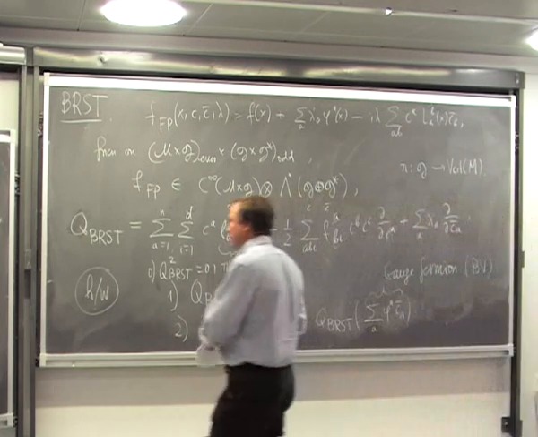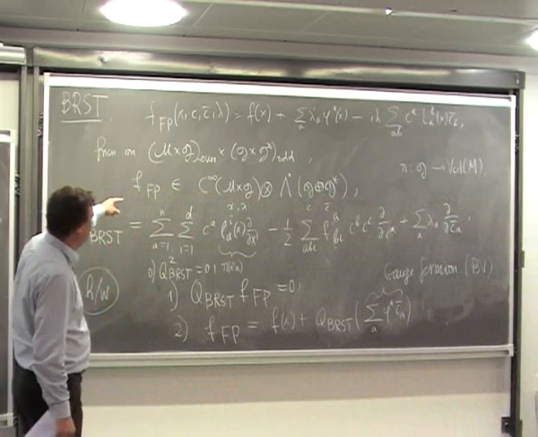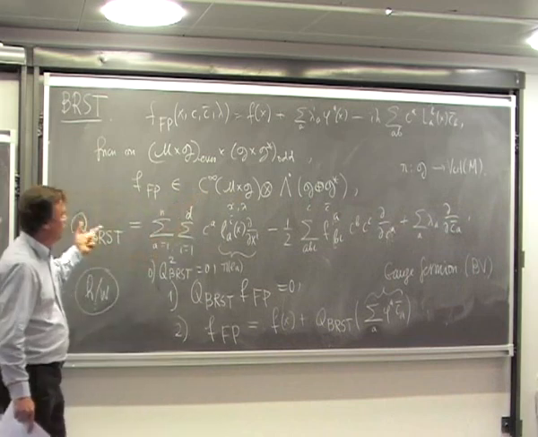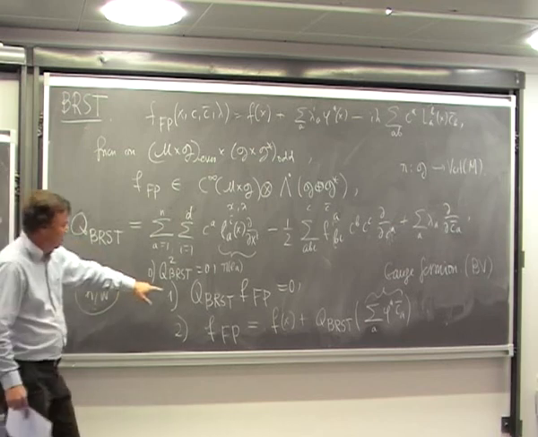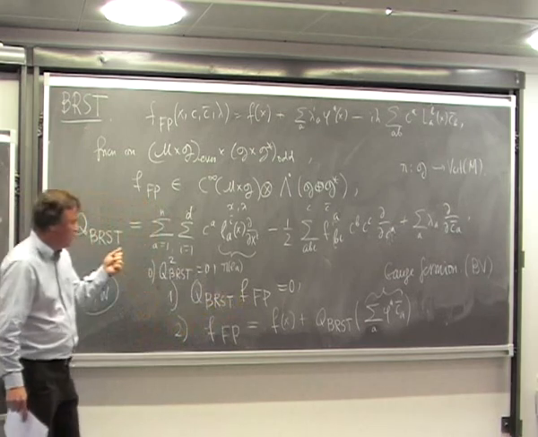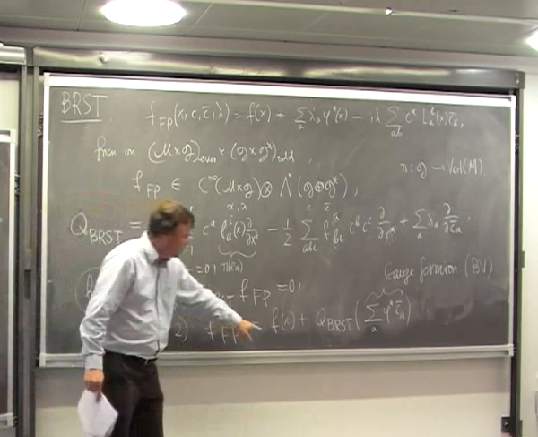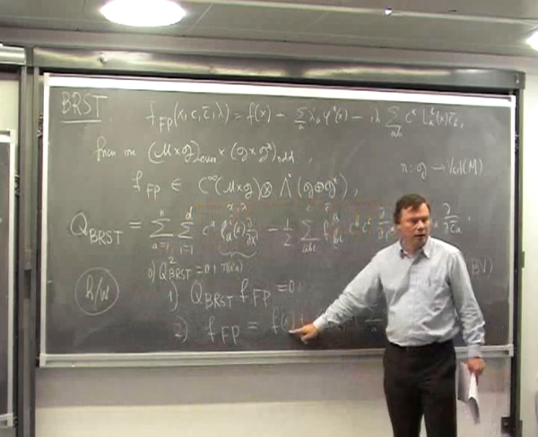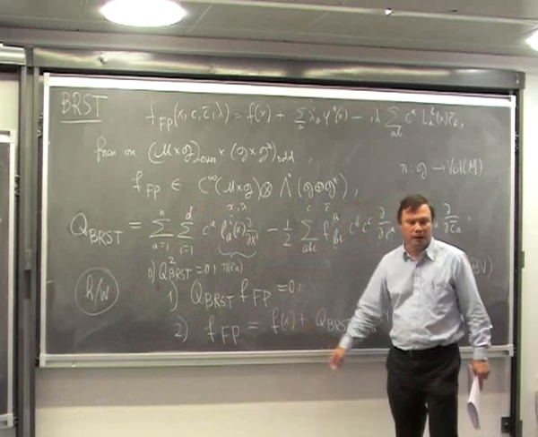But you can see from here that on this space we have the structure of the cochain complex with the differential Q_BRST. The Faddeev-Popov function is a cochain, and we know its cohomology class. Its cohomology class is the original function f that we started with.